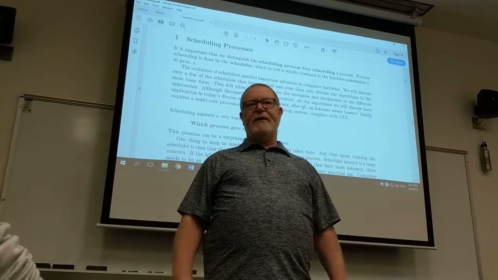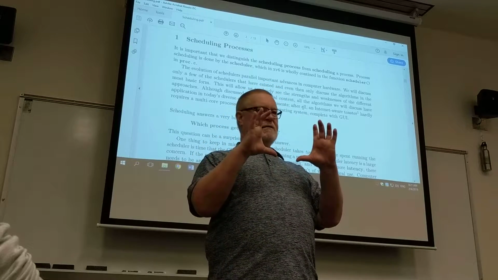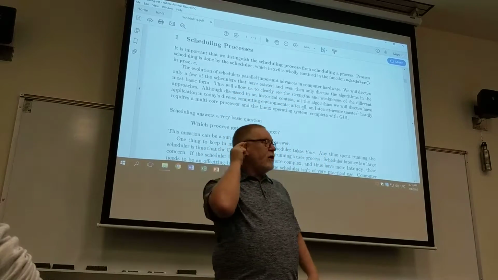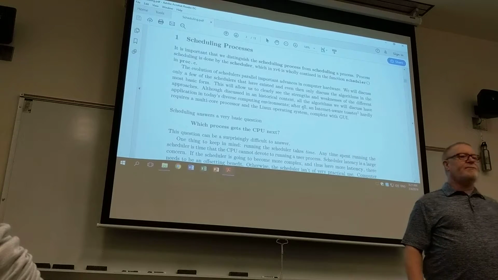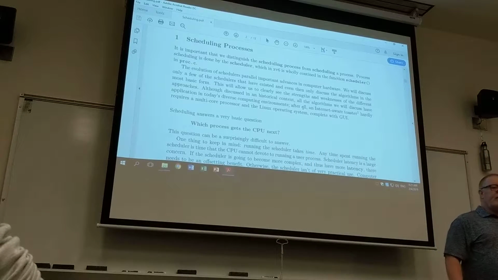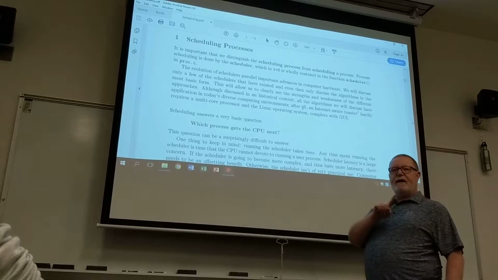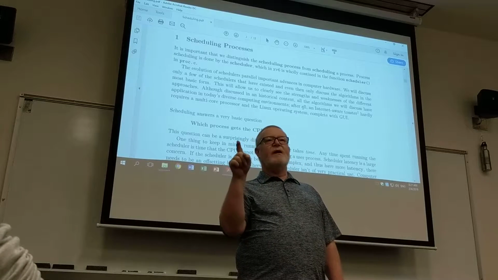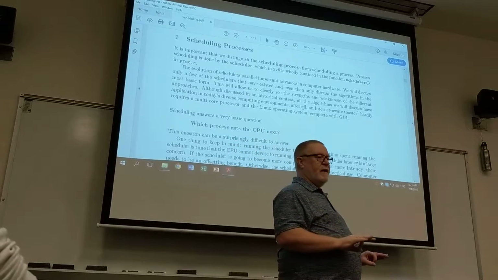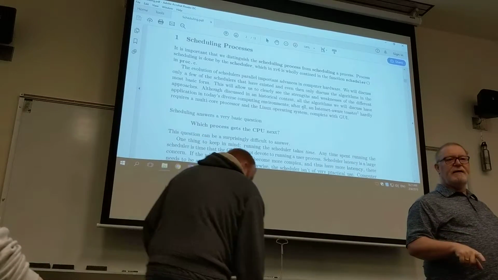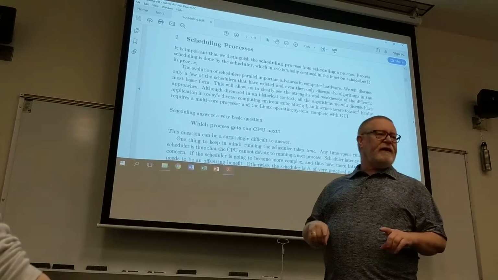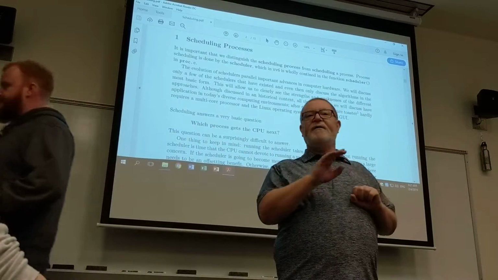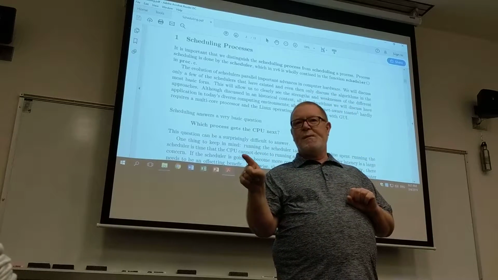Remember the original state diagram you just had those three states? We can argue very cleanly that is the scheduling process. We're only going to talk this week about that arc that went from the runnable process to the running state. That's all we're going to talk about. We're not going to talk about descheduling. We're not going to talk about being blocked on an I/O event or any of that. We're not going to talk about exit. We're going to talk about the algorithms for that one arc.